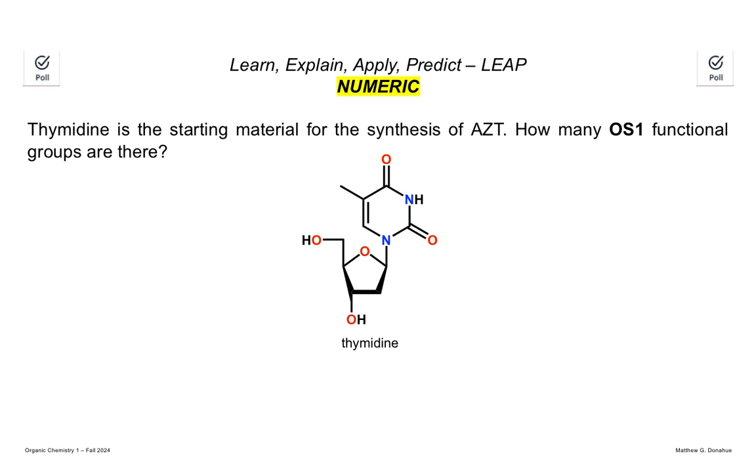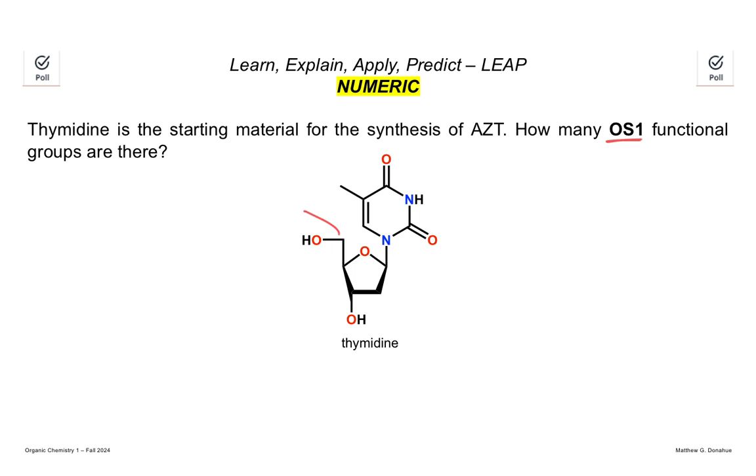So take a look at this using the definition of oxidation state. How many oxidation state 1 functional groups do you see? We have 3. There's one that might be a smidge ambiguous, and I'll point that out, but there's 4 total.